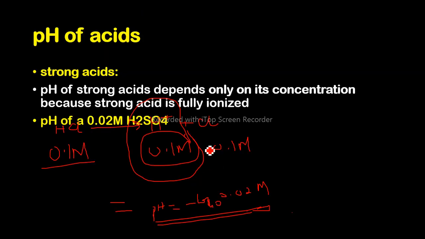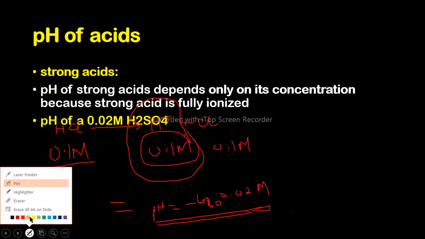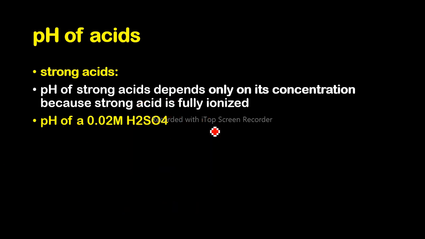Actually, there's something I've not told you. For sulfuric acid here, let me first tell you something and then you do. Sulfuric acid will ionize fully to produce 2 moles of hydrogen ions and 1 mole of sulfate ions. So what does that imply?